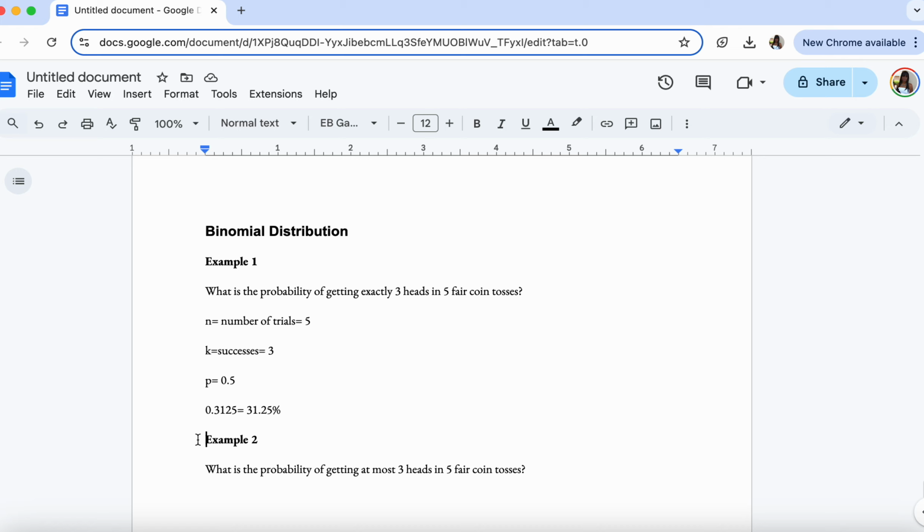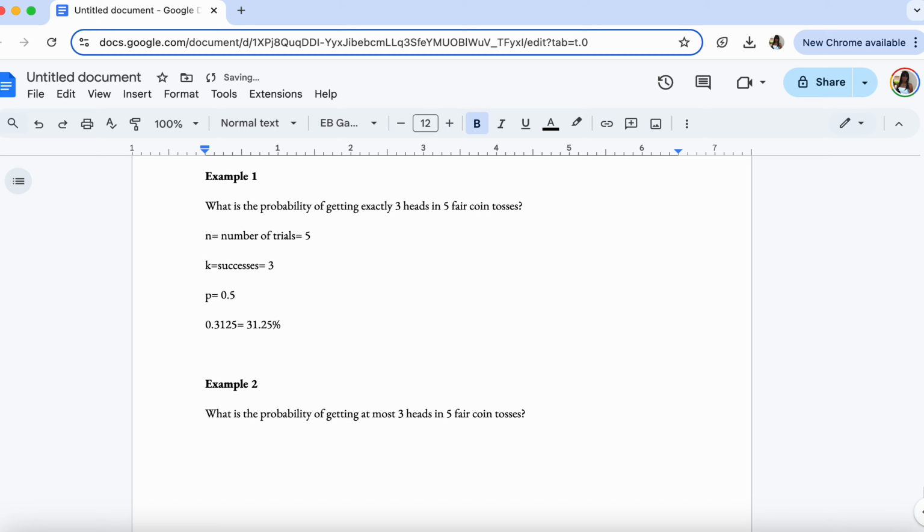All right, so example 2 is slightly harder, but not too much. It says, what's the probability of getting at most 3 heads? At most 3 heads means that I could get 0 heads, 1 head, 2 heads, or 3 heads.